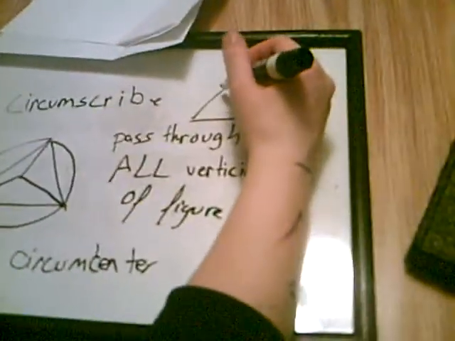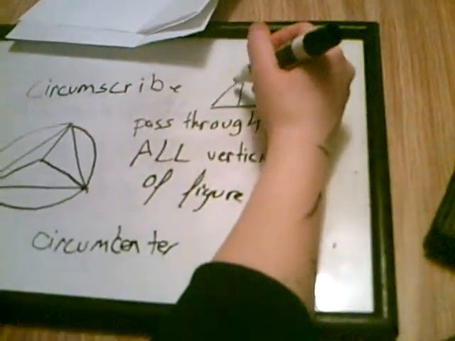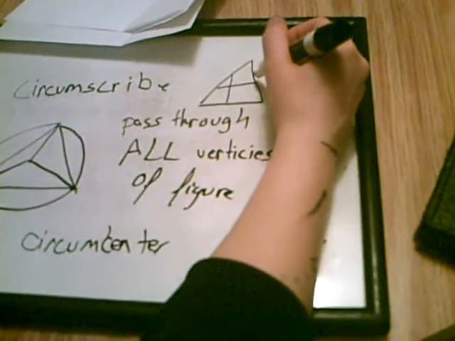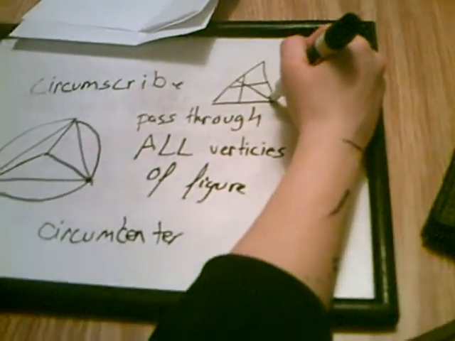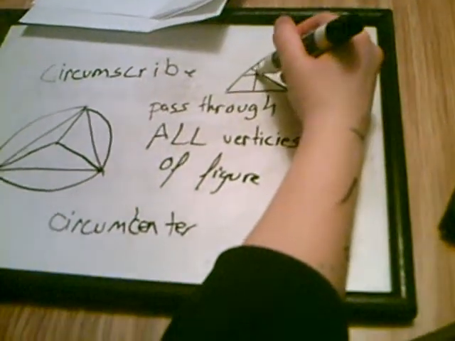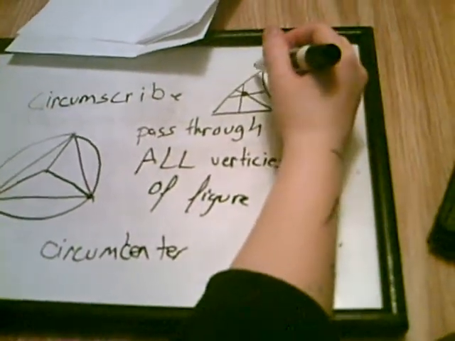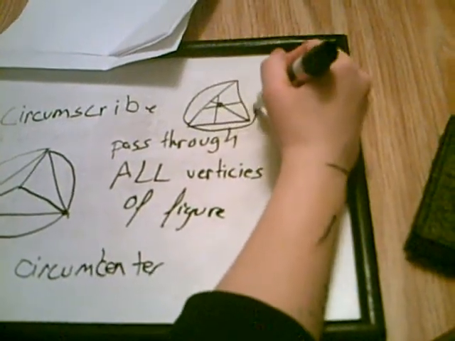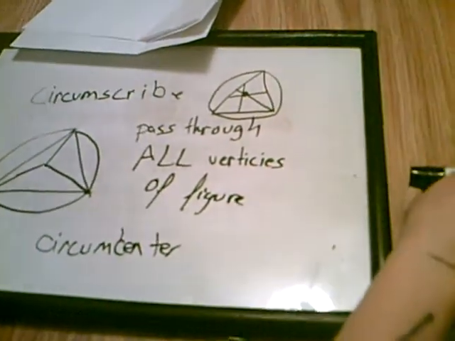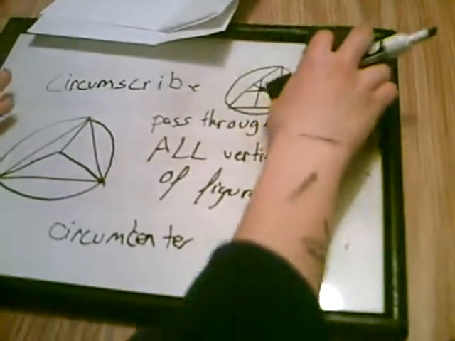So you find all the perpendicular bisectors, which roughly is like that. And then use this point as the center of your circle and draw a circle using a compass, but I don't have a compass with me right now. And that's how to circumscribe something.